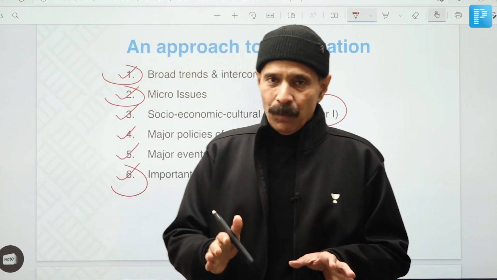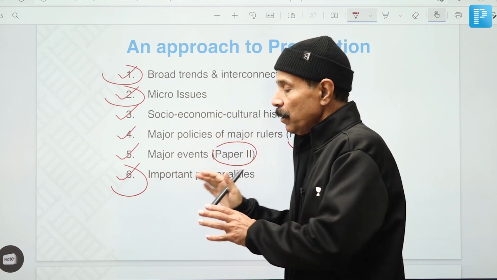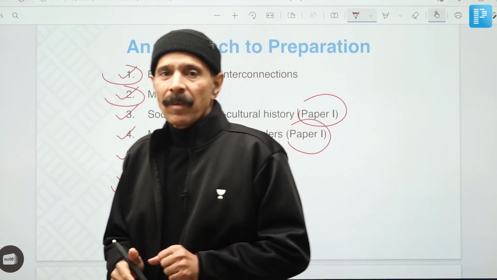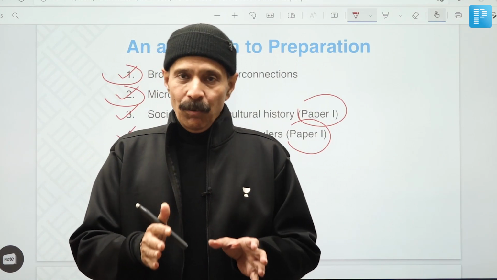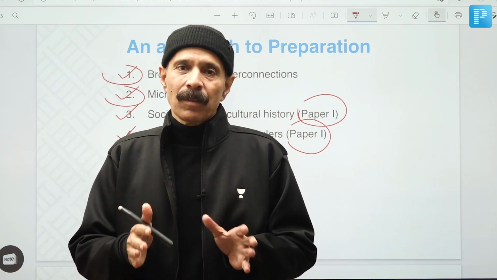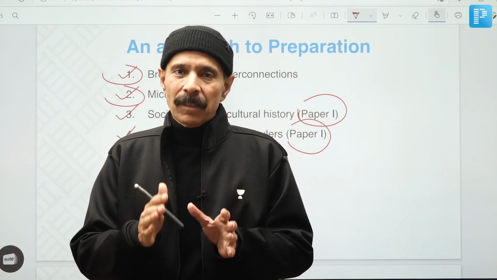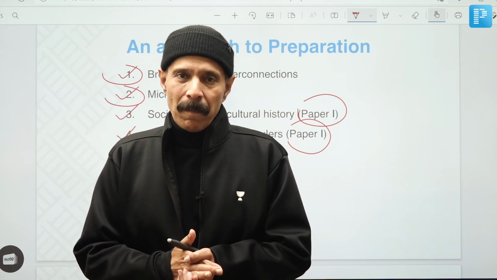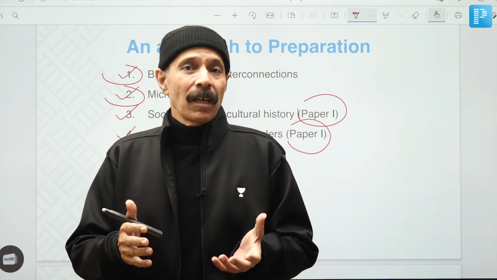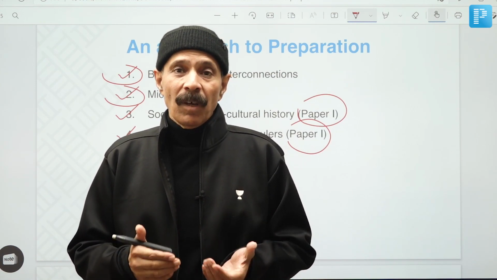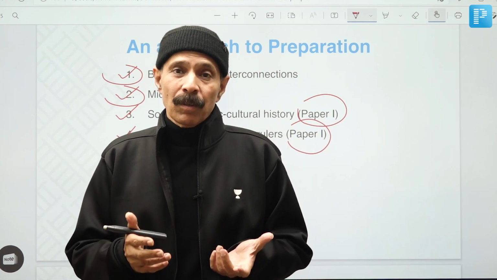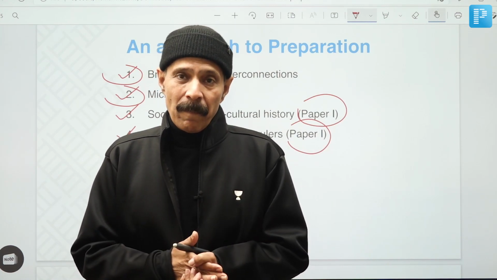And if you focus on these 6 in your preparation, you will have within your reach about 90% plus questions. And you will be in a comfortable position to address them and score 300 plus marks.